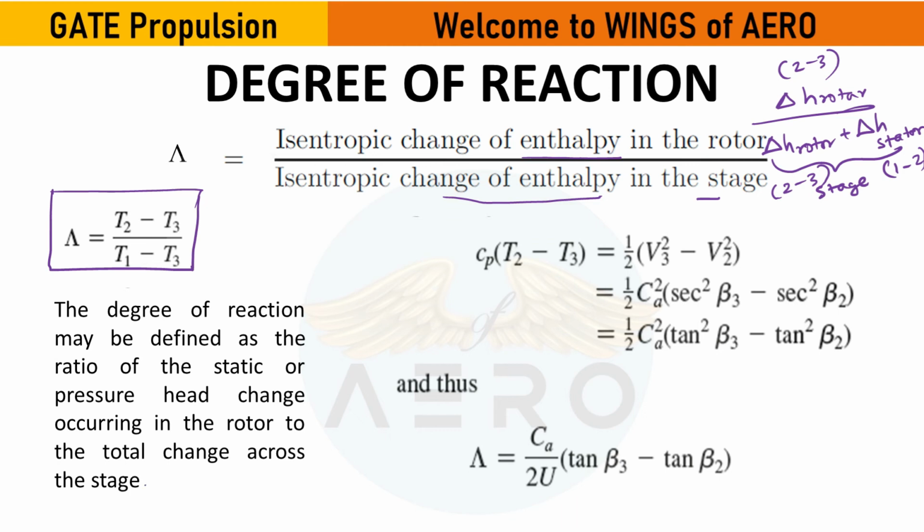This is another definition, but it is valid only when the flow is incompressible, because this del H can also be written as change in P by rho.